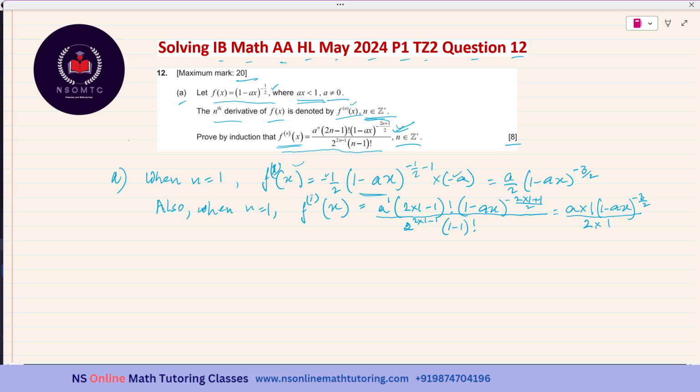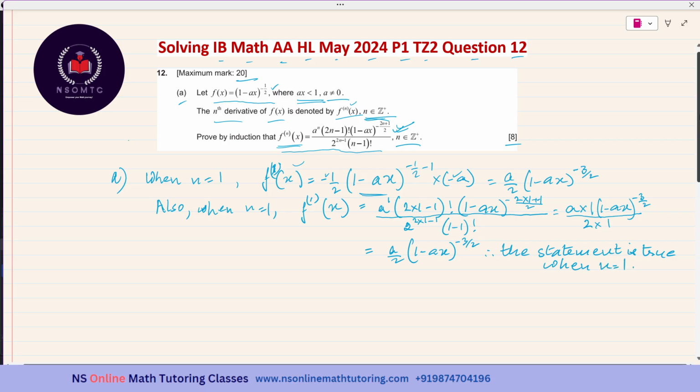So this is equal to a over 2 times (1 minus ax) raised to the power of minus 3 over 2. Therefore, the statement is true when n equals 1.